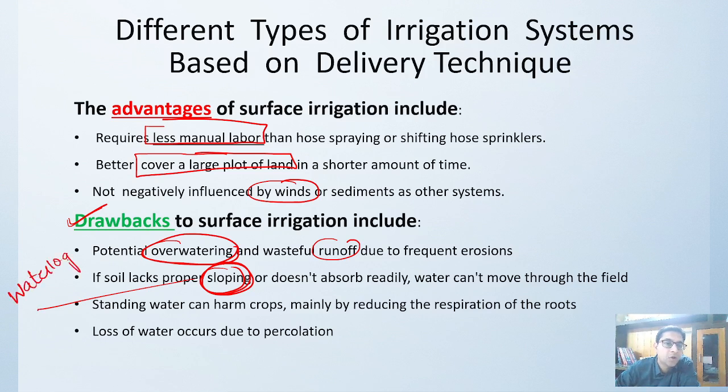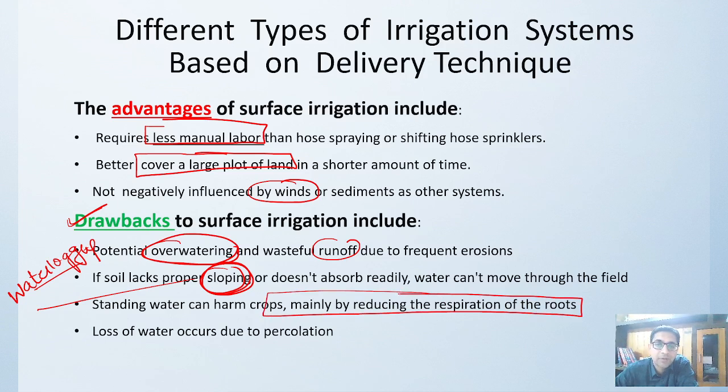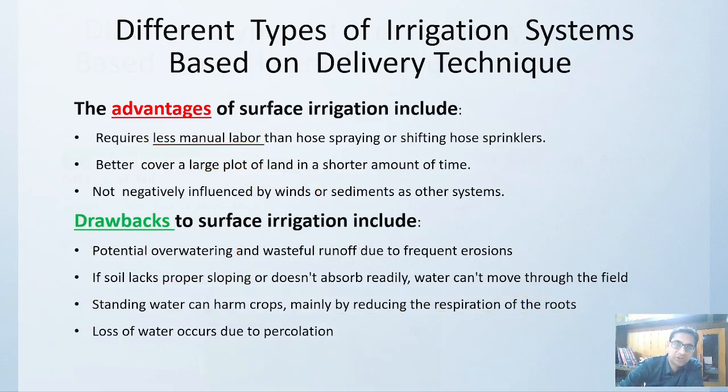Waterlogging will happen, and it may harm the crop, because the water will fill the fields and the roots will not be able to respire. And if you put too much water in the field, it leads to evaporation, and it may lead to loss of water. Okay, so percolation also happens, and loss of water also happens due to evaporation.